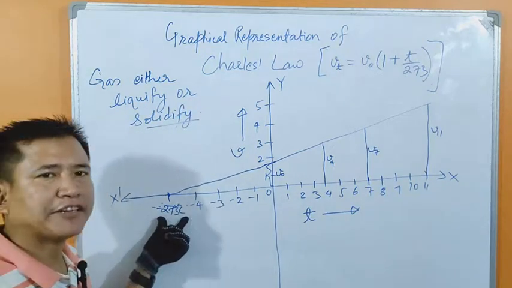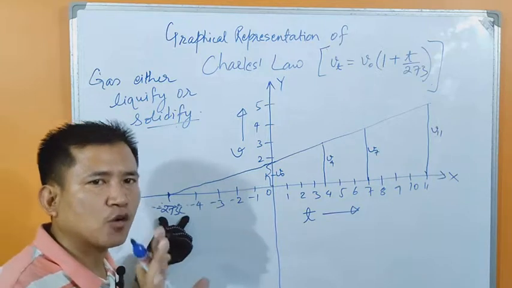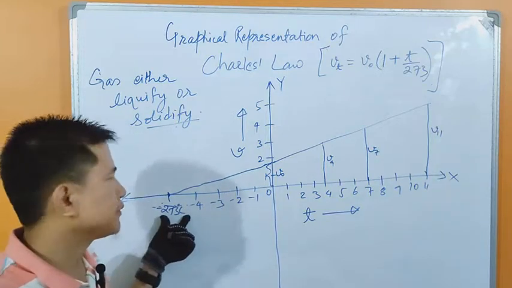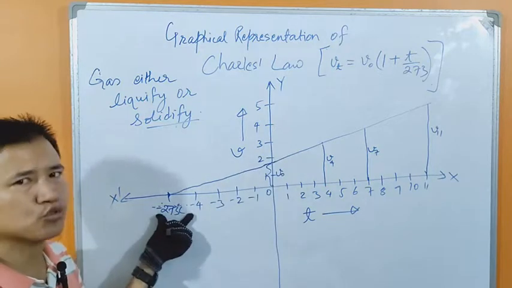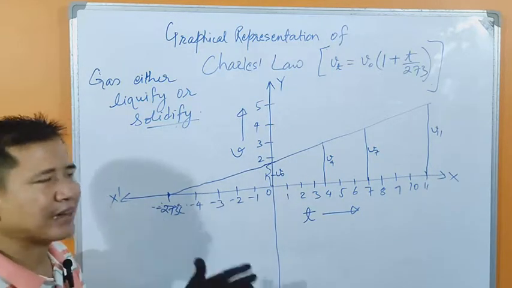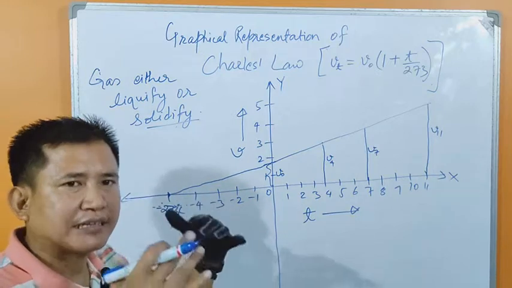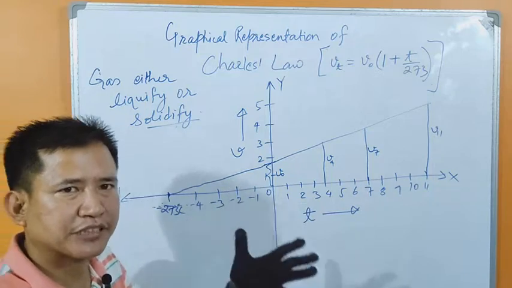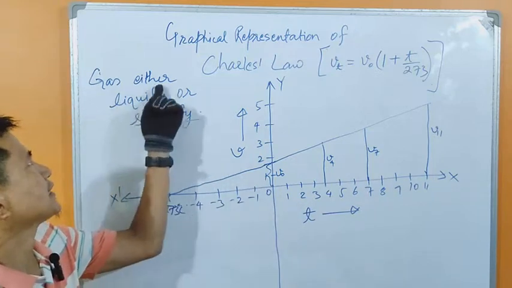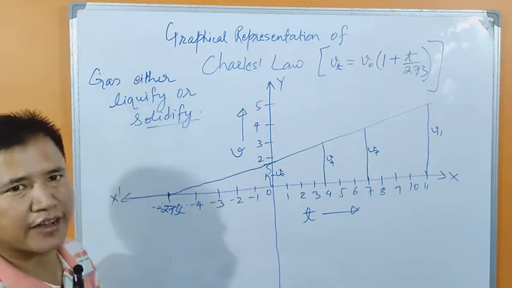This minus 273 degrees Celsius is the lowest possible temperature that can be attained, and at this temperature, the gas converts itself into either liquid or solid. Gas becomes either liquid or solid. Gas either liquefies or solidifies.